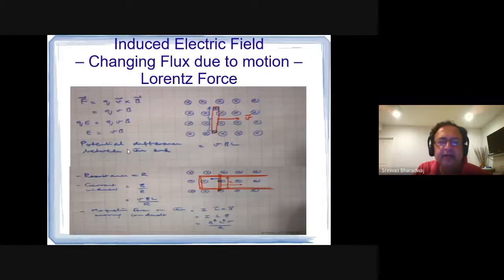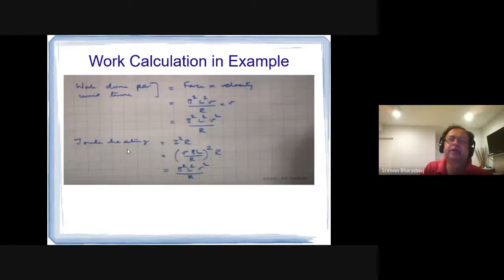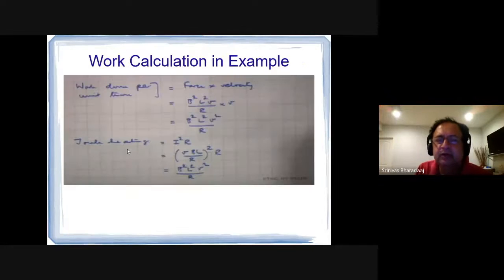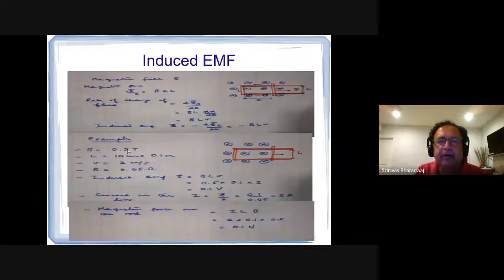The magnetic force was B square L square V by R, times V, and therefore that produces the power. F dot V is the power, or I square R is the power.